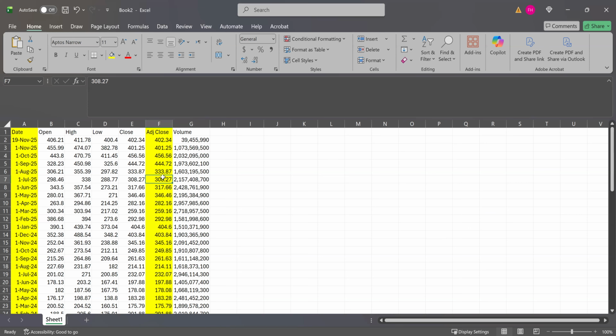So to adjust for drops in the stock price due to dividends paid, we use the adjusted close. So mainly when I'm tracking the performance of the stock over time, I should always rely on the adjusted close and not on the closing price. So I'm gonna delete those columns.